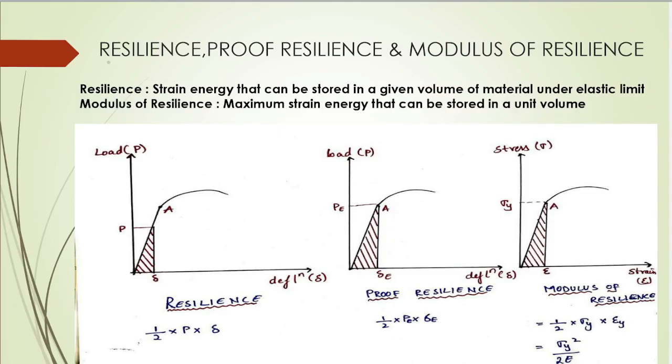Now let's see what is resilience, what is proof resilience and what is modulus of resilience. Resilience is nothing but the strain energy that can be stored in a given volume of material under the elastic limit. Strain energy is the area under the load deflection curve.